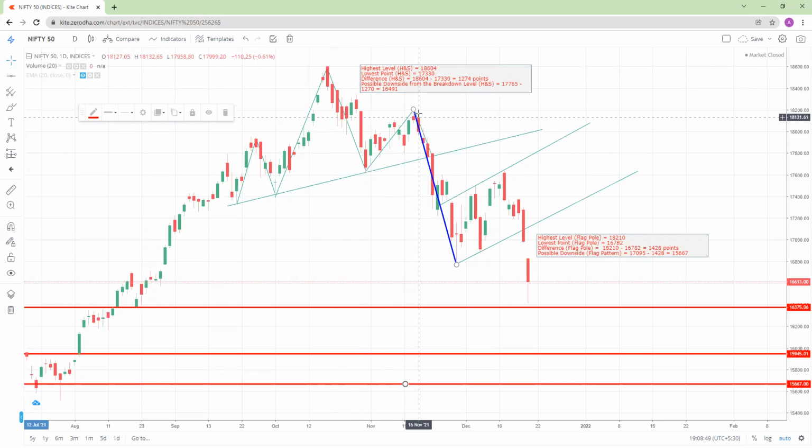We believe that around 15th of November, we are not exactly sure when the news of Omicron first came on the news channels, but again it went up, then it came back, then it fell down, it broke the neckline of the head and shoulder pattern. So we knew that there is some weakness in Nifty 50 and the lowest possible target could be 16,500. At this point of time we communicated to our members that you can see Nifty 50 touching 16,500 in the coming days.